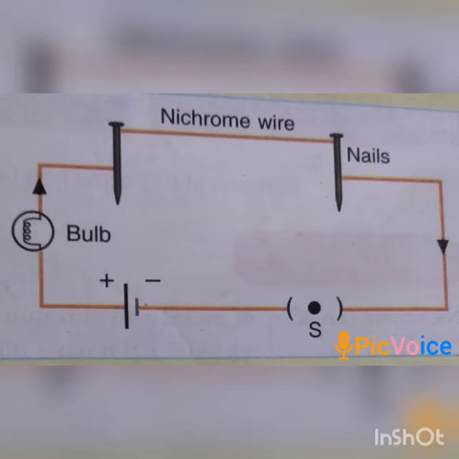We can make a simple circuit as shown in the diagram. Now we will allow the current to pass through the nichrome wire for some time, and we observe that the bulb glows up and the nichrome wire gets heated up, but the connecting wires supplying current to the circuit are practically not heated up at all.